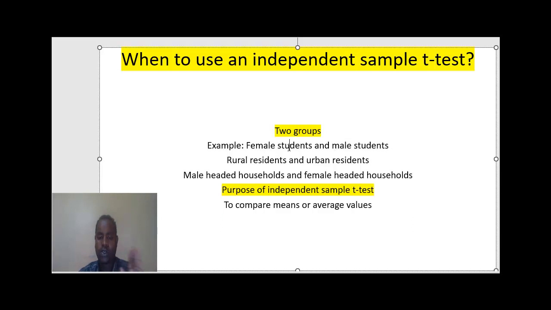Okay, there is a group of female students on one hand and a group of male students on another hand.